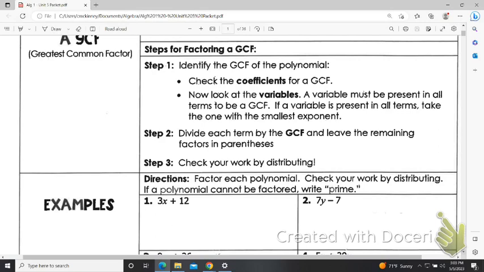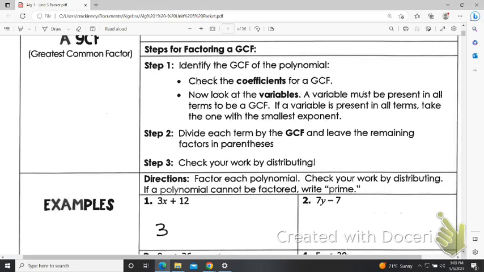Some of these will be more obvious because they may only have a coefficient as a common factor or a constant. So here we are in number 1. This is like the example that I used up top, coincidentally or subconsciously. So what do they both have in common? They both have a 3 in common.